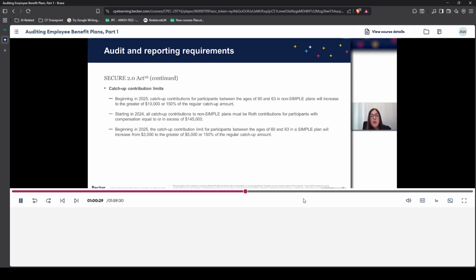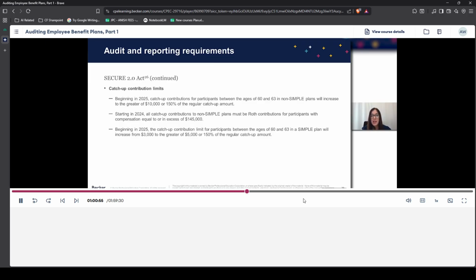Secure 2.0 also included some changes to the catch-up contribution limits. So beginning in 2025, catch-up contributions for participants between the ages of 60 and 63 in non-simple plans increase to the greater of $10,000 or 150% of the regular catch-up amount.